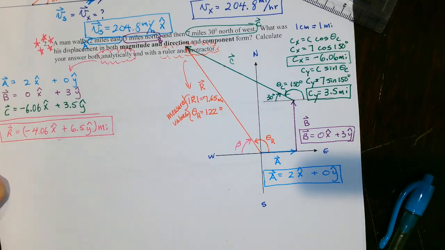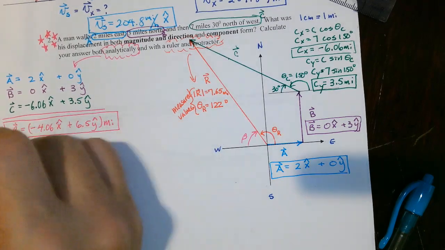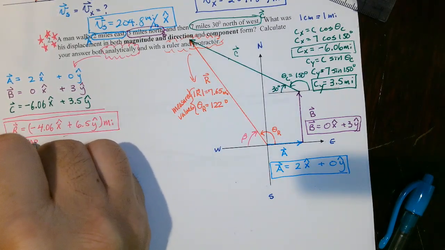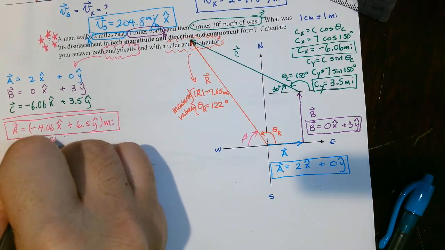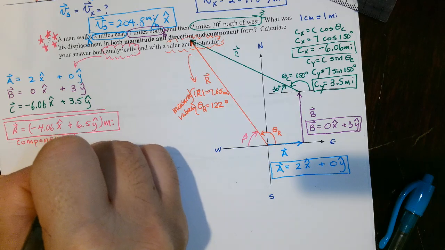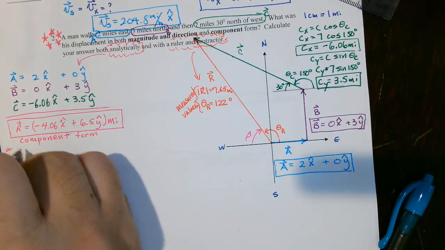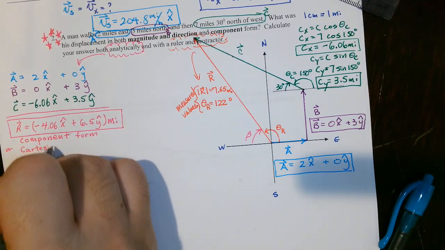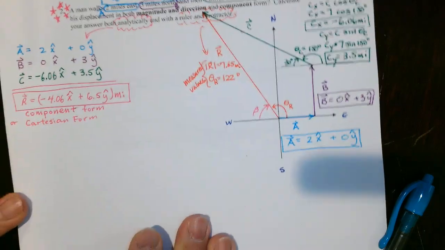This is the component form, or otherwise known as the Cartesian form.